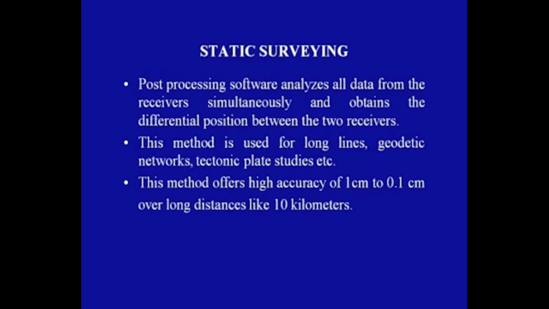Post-processing software analyzes all the data from the receivers simultaneously and obtains the differential positions between the 2 receivers. This method is used for long lines, geodetic networks, tectonic plate studies, etc. This method offers high accuracy of 1 centimeter to about 0.1 centimeter over long distances of 10 kilometers.